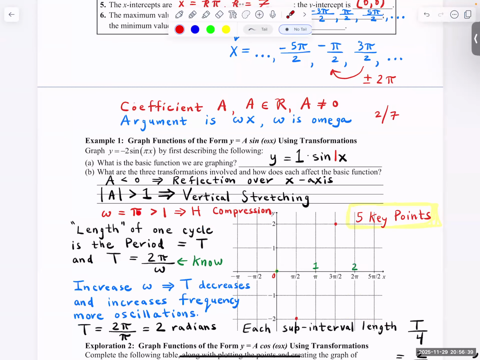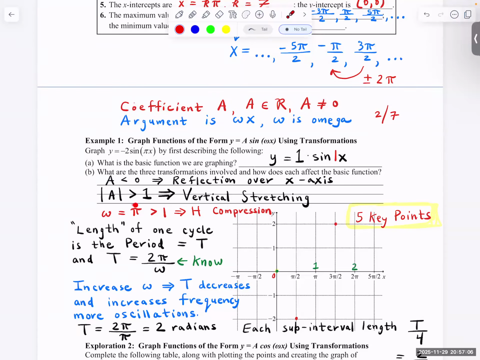Omega is equal to the number that multiplies x, which in this problem is pi. In general, the argument is omega times x. In this example, the argument is pi times x, so omega is pi.